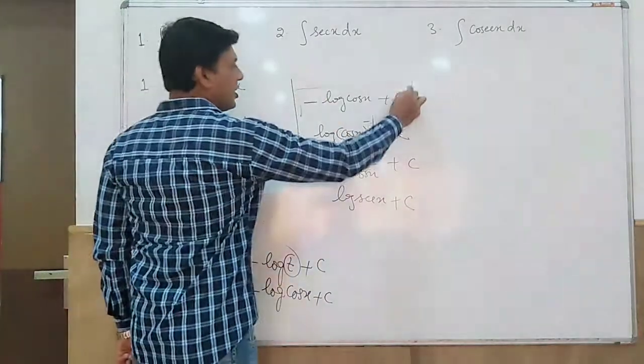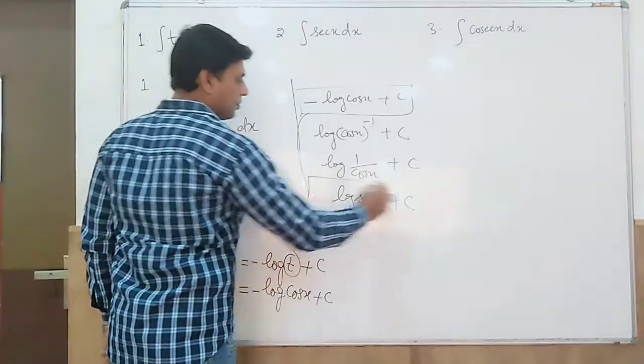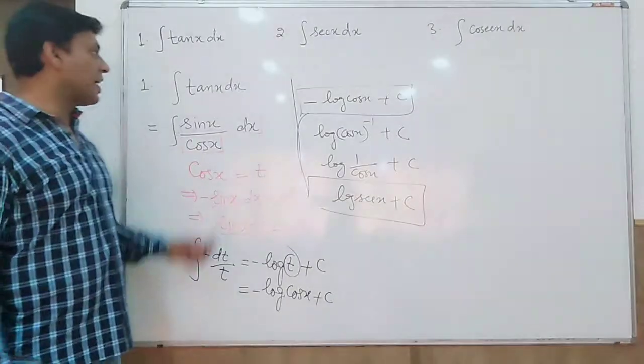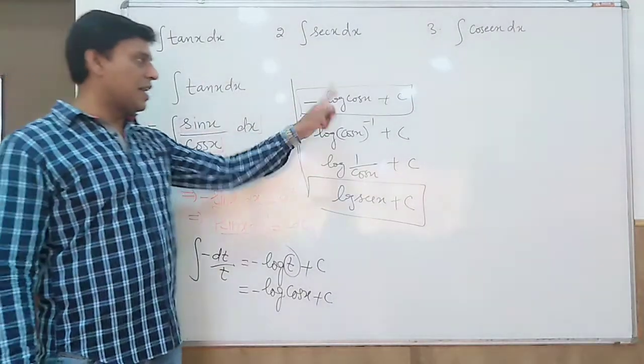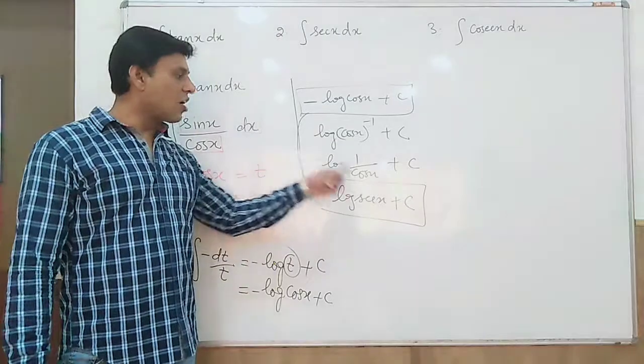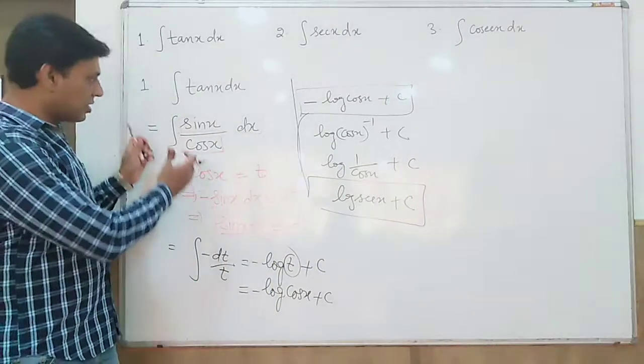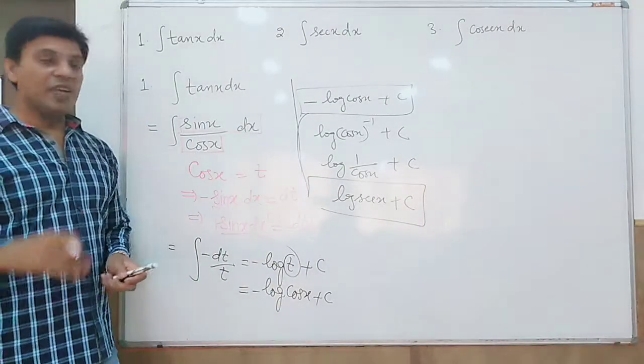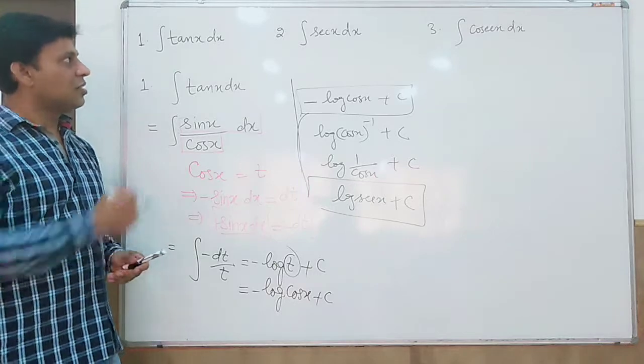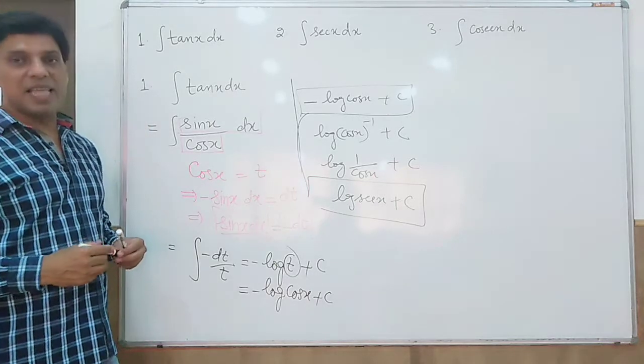Mathematically these two are the same. So the integration of tan x can be written as minus log cos x or log sec x. We have done this question with the help of substitution. Now we are solving question number 2.